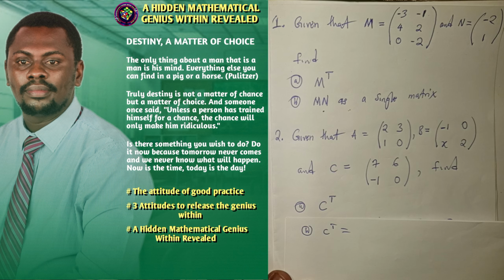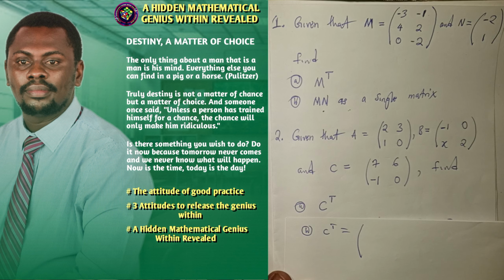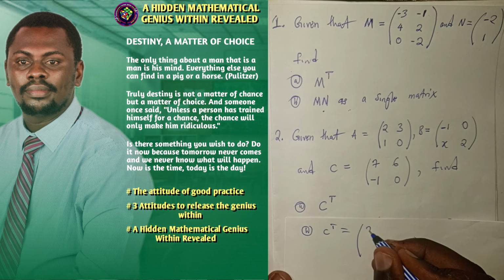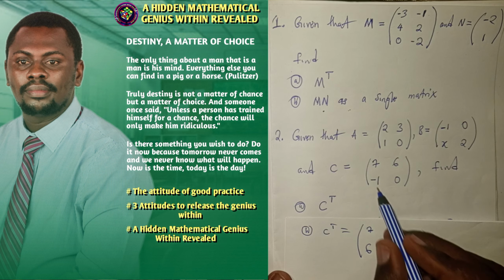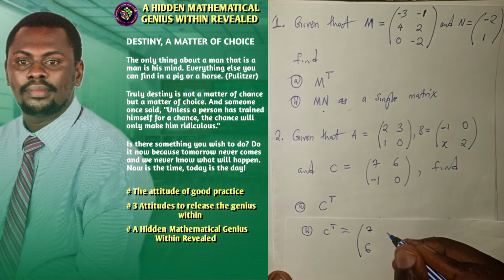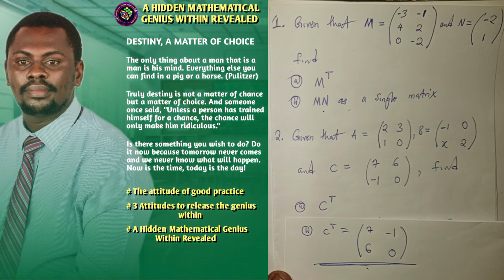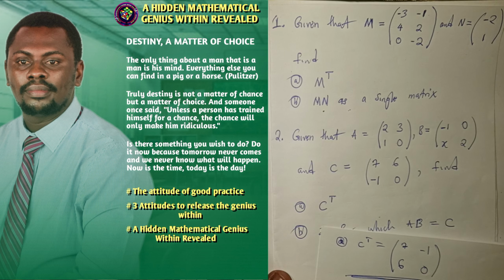So for C transpose, our first row will become our first column. So we have 7, 6, so it will be 7, 6 in vertical position. Then our second row becomes the second column in vertical position, that is negative 1 and 0. So we have the transposed matrix C. We go to B.